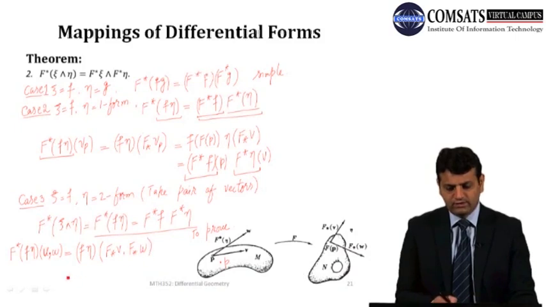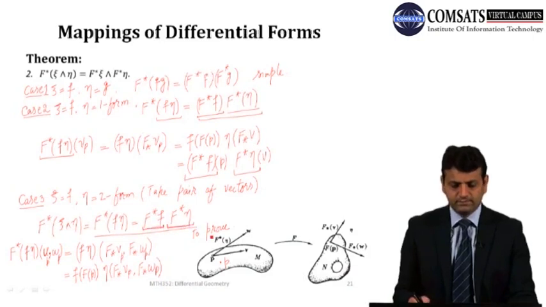So we just defined this. And if p is the point where we are taking these tangent vectors, then this becomes f of p and eta of f lower star of vp f lower star of wp, which is the same as f upper star of f and f upper star of eta.